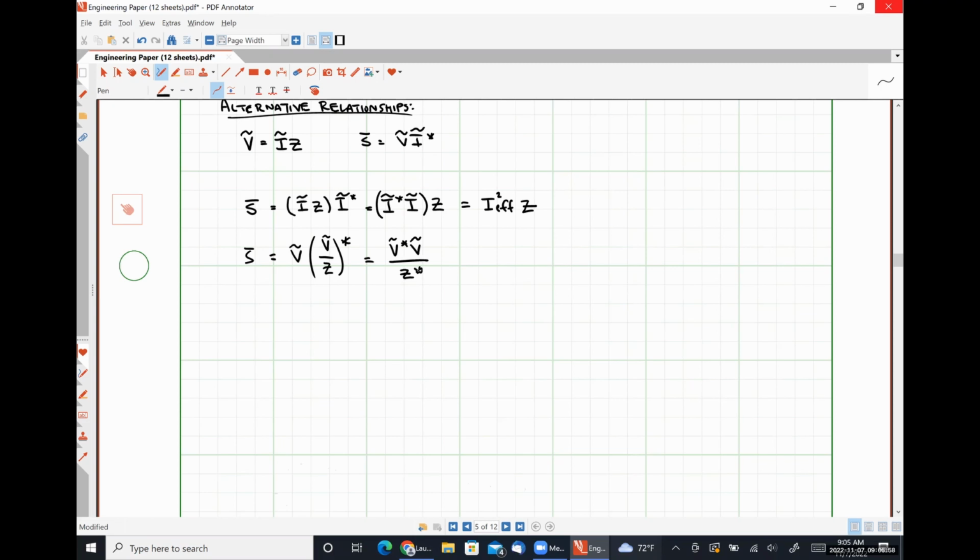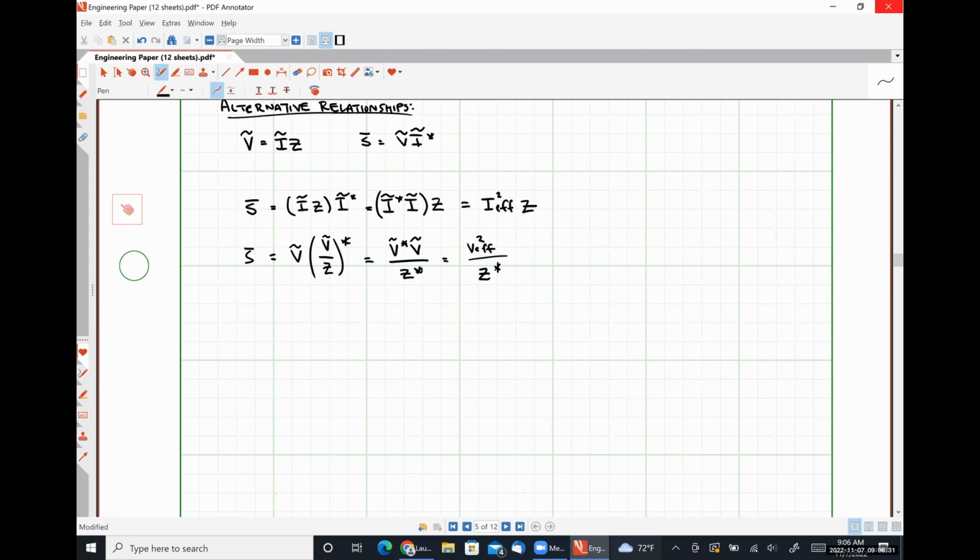When I take the conjugate of a fraction, I have to conjugate both the numerator and the denominator. This is obviously going to look like the effective value of the voltage squared divided by the conjugate of the impedance. So if I know the impedance, I don't even have to know all of the information about the current or the voltage. The magnitudes are all that I need in order to determine complex power.